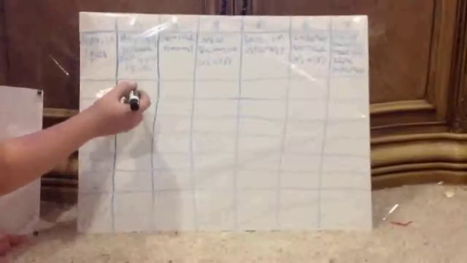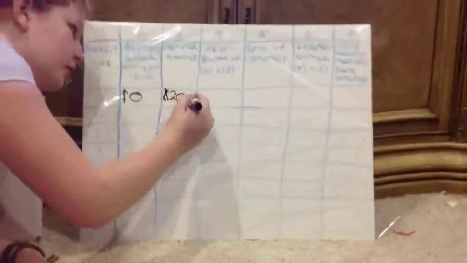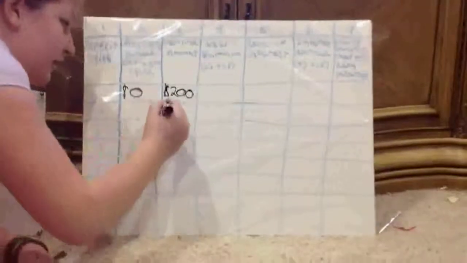If Johnny had $0 in the bank to start with, and he's going to deposit $200, and he's always going to deposit $200.